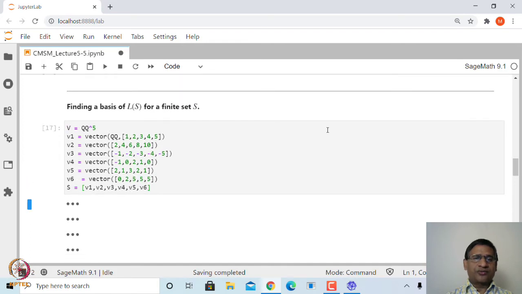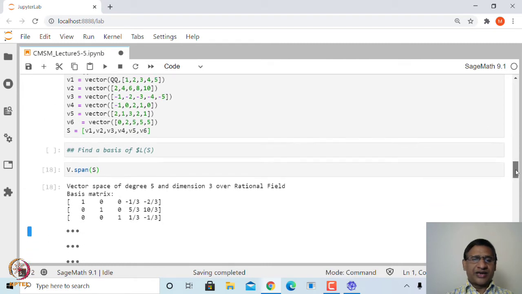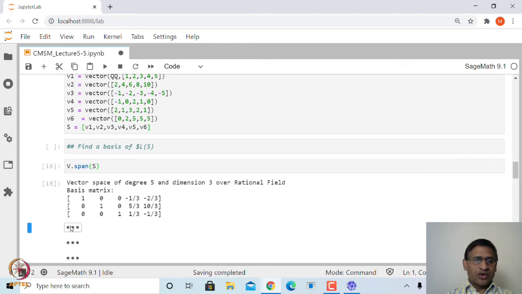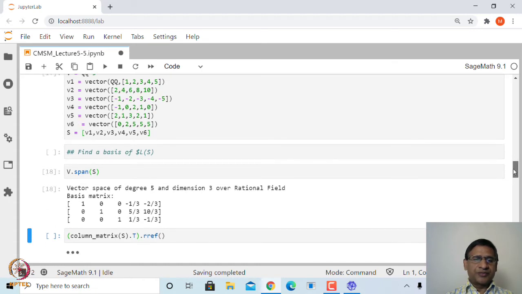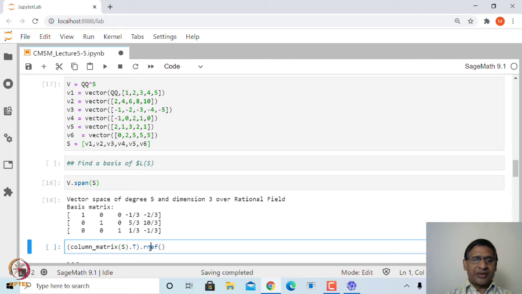And if I want to find the basis for this, of course we can take the linear span of this and find the basis using the inbuilt function. However, if you want to do it manually, what you can do is look at these vectors and form a column matrix whose first column is V1, second column V2, and so on, and then apply RREF.